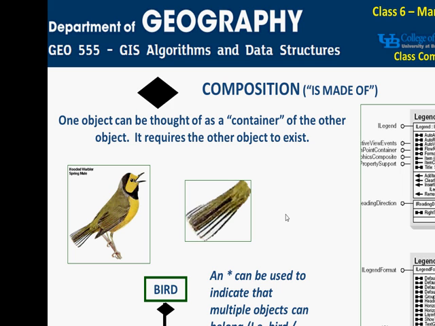You can't have a bird without a wing. Barring some accident, the definition of a bird is to have wings. Conversely, you can't have a wing without a bird. You don't see wings in nature that just fly around without a body. You don't see birds flying around without a wing. So there's a composition relationship between them. The two objects, classes, rely on each other.